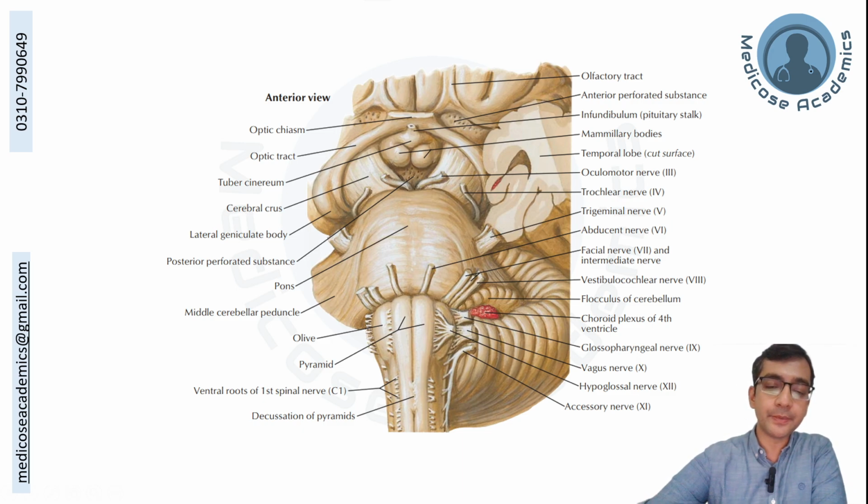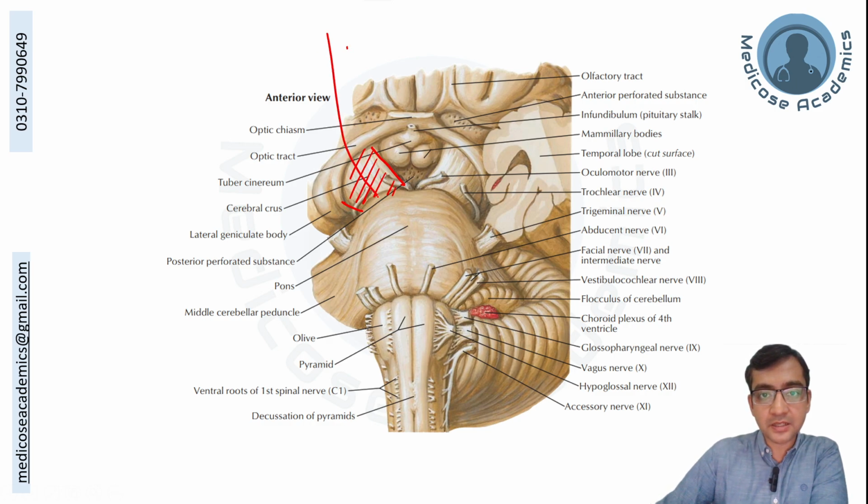Then comes the midbrain, and on its anterior aspect, two pillar-like structures are seen. This pillar-like structure is called the crus cerebri. It houses the corticospinal tract, which is coming down from the cerebral cortex.